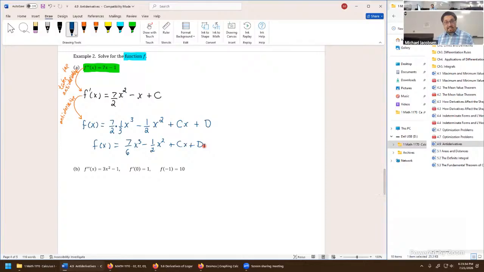When you select a value for c, even if it's 0, and select a value for d, you get one possibility for a function f, for which if you take the second derivative, you get back to 7x minus 1. So that's our application so far. We're going to do a closer application using acceleration, velocity, and position function, a closer application to something along the lines of, say, physics. But this is a good stepping stone before we look into that next application.